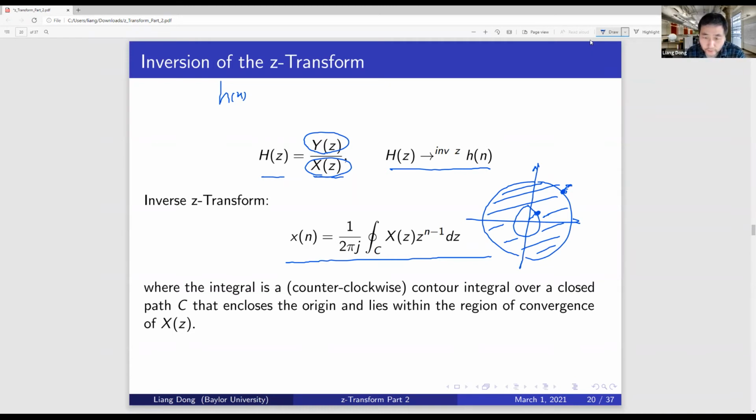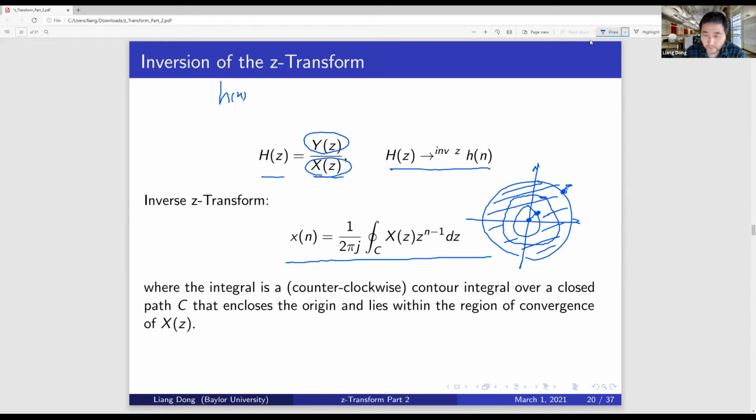And then when you do the contour integration, you have to move within the region of convergence, because outside of that it's undefined. Within that, you need to do a counterclockwise path that encircles the origin and ends up at your starting point.